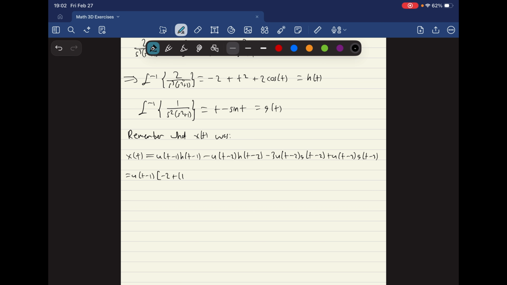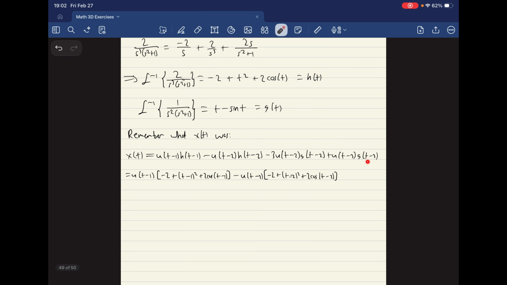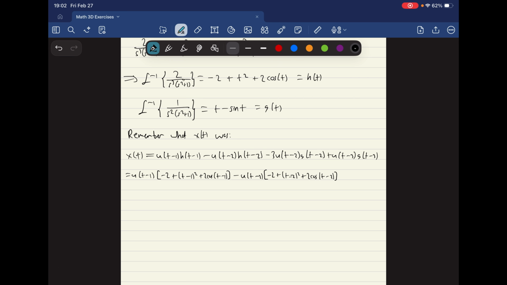-2 plus t minus 1 squared plus 2 cosine of t minus 1, minus u of t minus 2 times -2 plus t minus 2 squared plus 2 cosine of t minus 2. And then I'm going to do the other two terms on the next line. So this will be minus 3 u of t minus 2.